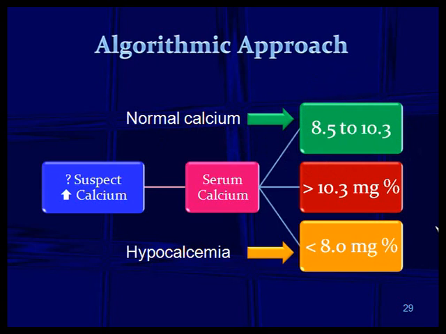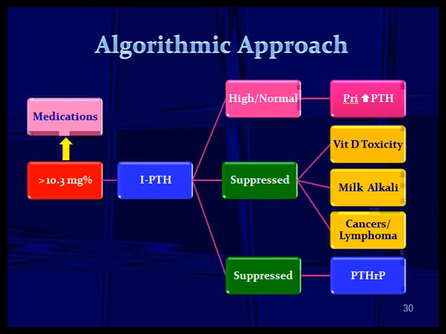If the serum calcium is below 8 milligrams percent, then it is a case of hypocalcemia. But in this lecture, we are more interested in hypercalcemia, that is serum calcium corrected to the level of albumin of the patient. If it is more than 10.3 milligrams percent, it is a case of hypercalcemia requiring investigation.